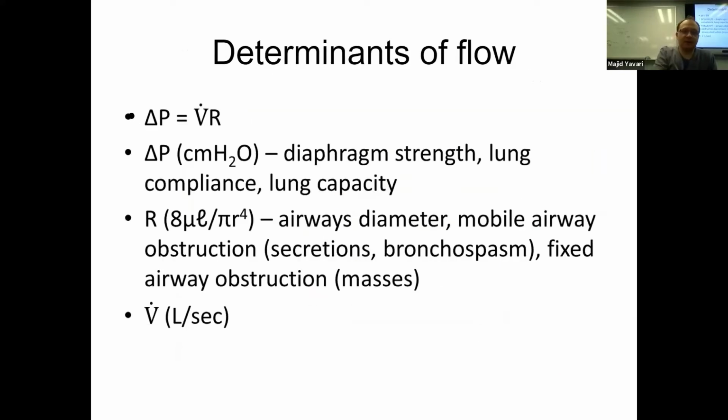And the review of the units here, airway resistance is determined by the airway's diameter, any obstruction, or any fixed obstruction like masses. So as I said before, secretions, bronchospasm, and the airway's diameter are what's causing flow limitation in obstructive lung disease.